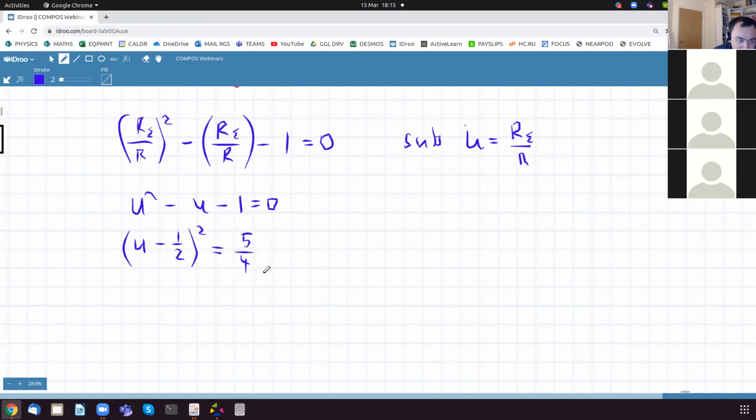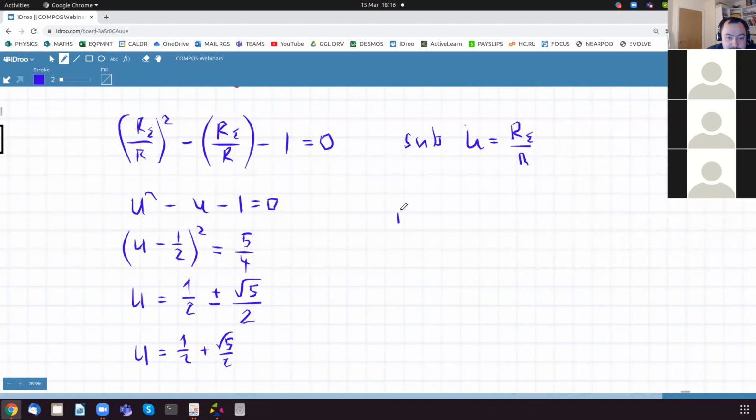I hope you all can solve quadratic equations. So U is equal to a half plus or minus √5/2. Now, could it be 1 minus √5? Well, it's not, because then it's going to be negative. So U is equal to a half plus √5/2, because it has to be positive.